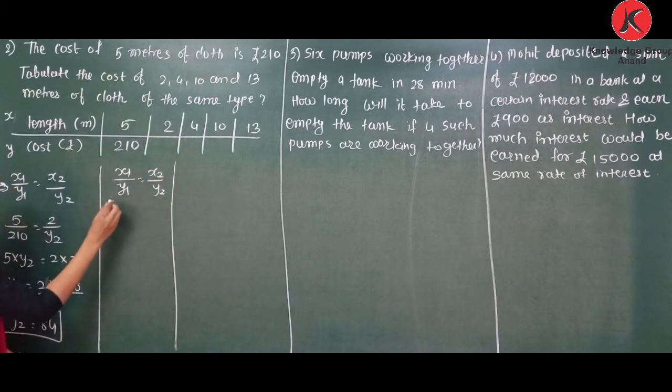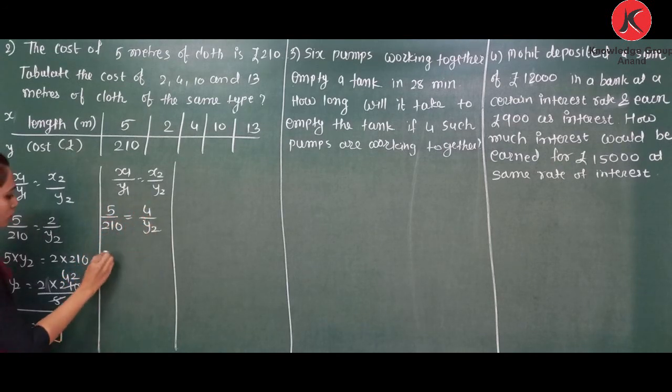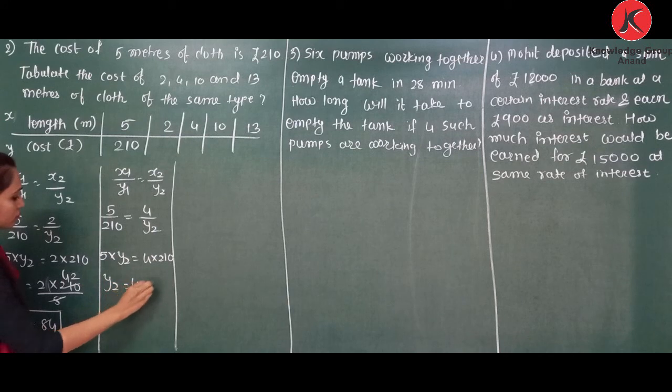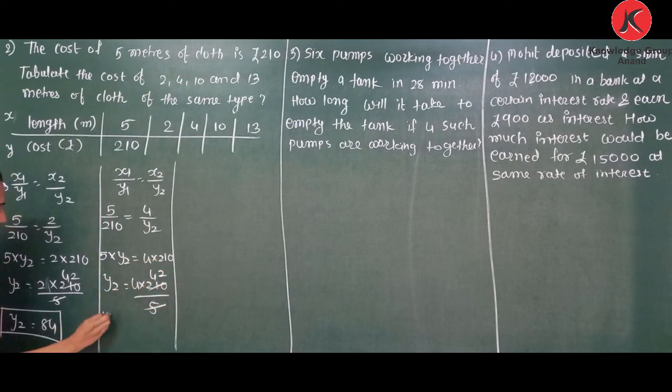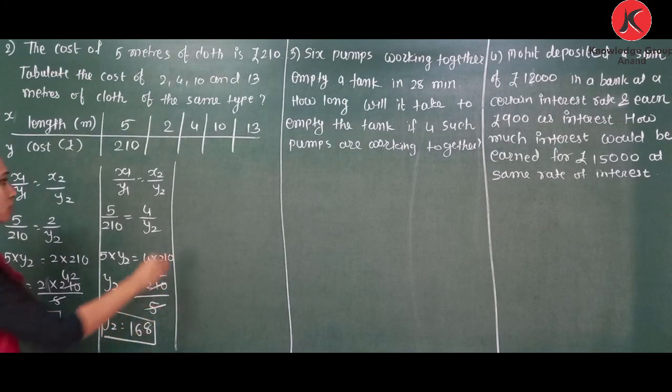So here 5 divided by 210 is equal to 4 divided by y2. So 5 multiplied by y2 is equal to 4 multiplied by 210. It is 168 for 4 meters.